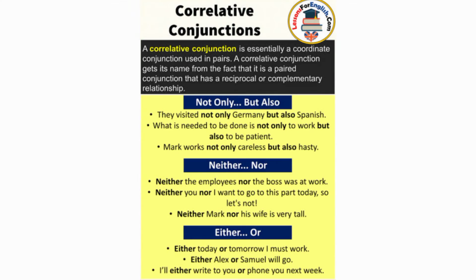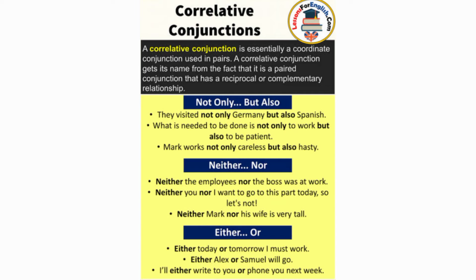Next rule is words that are connected by or, nor, not only, but also, either or, neither nor. We use the verb according to the nearest subject, or most preferably the second subject.